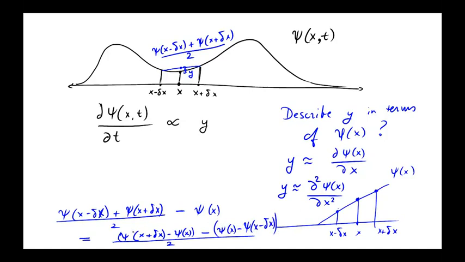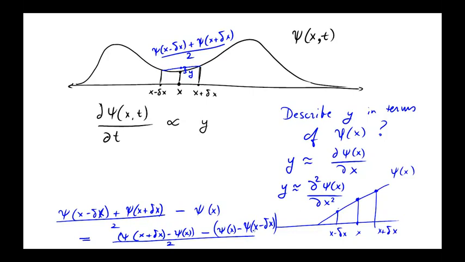Okay, so this first piece is proportional to the derivative of psi at x, and this is proportional to the derivative of psi at x minus delta x. So when you subtract these two, it's proportional to the second derivative.